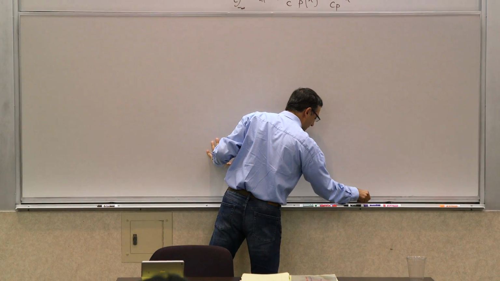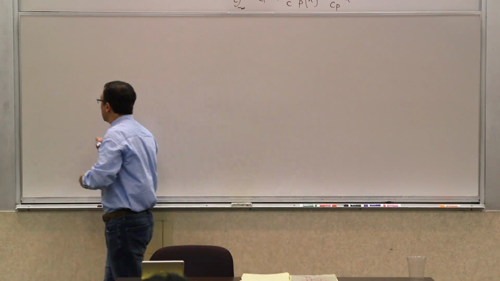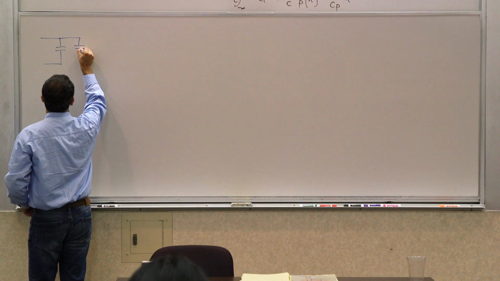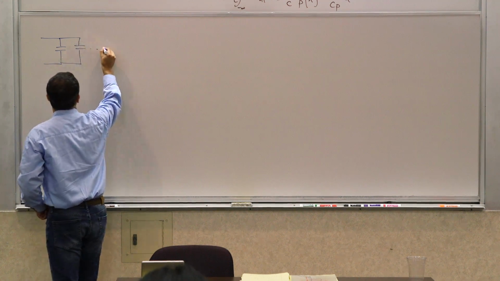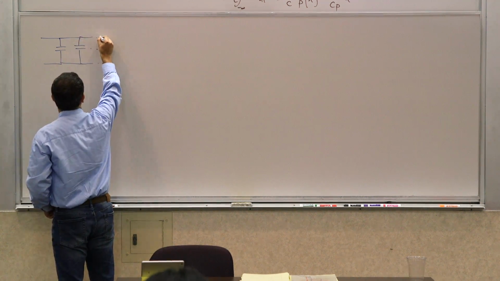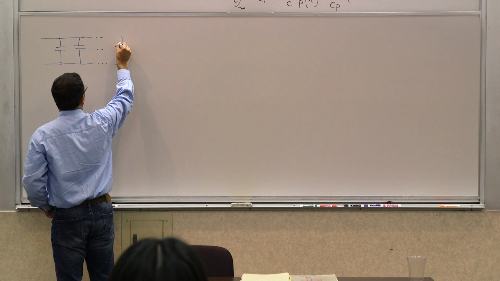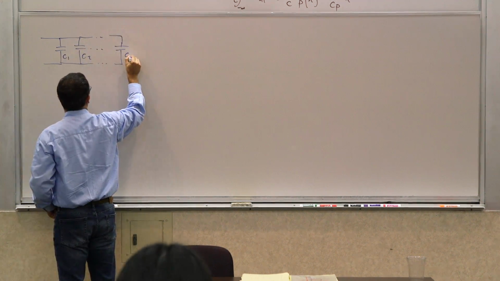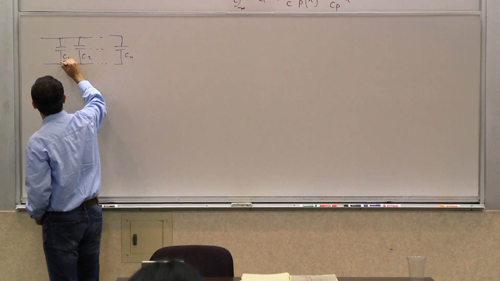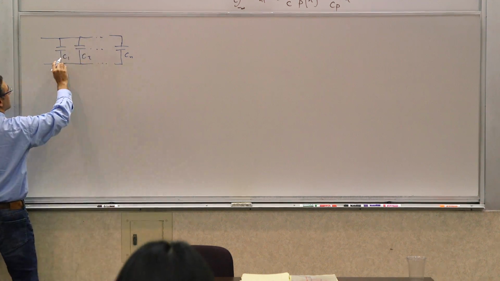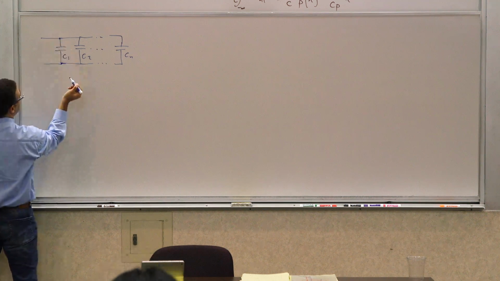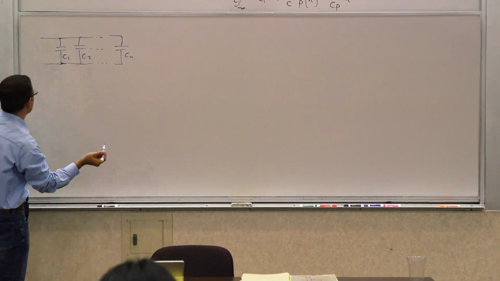So let's say, for the sake of argument, you have capacitors in parallel. Again, we are going over some of the basic stuff. First, let's say you have n capacitors, C1, C2, all the way to Cn, and they are in parallel, meaning they share the same two terminals. And then you're interested in knowing what is the equivalent capacitance, or how does this behave.